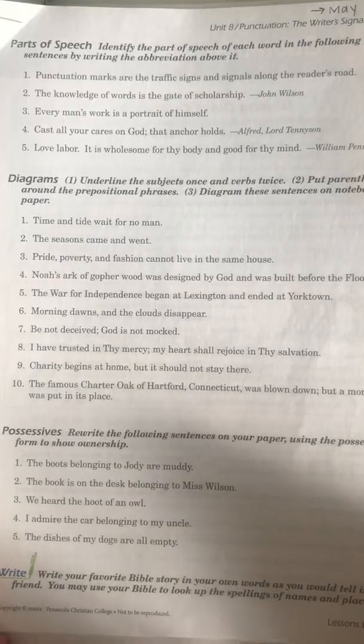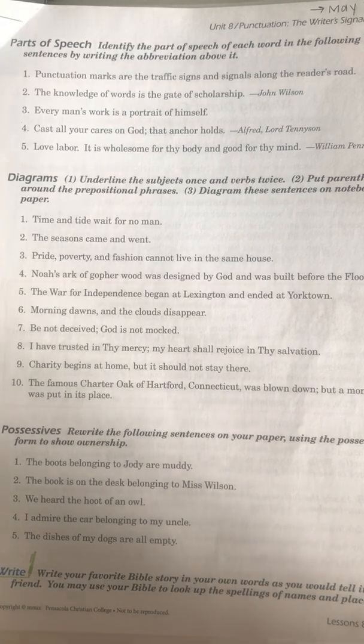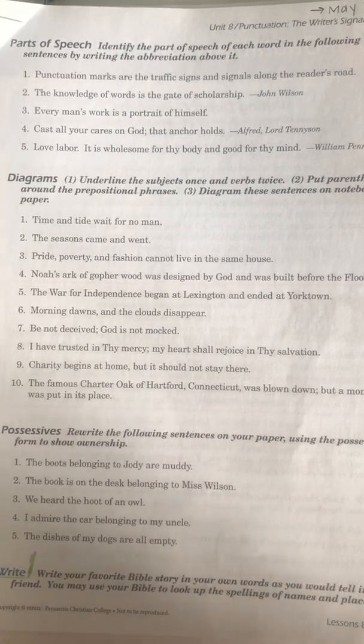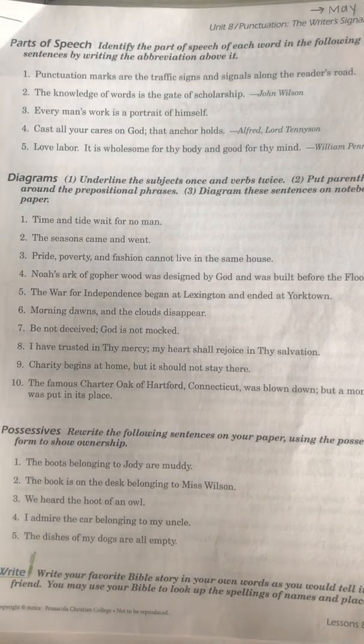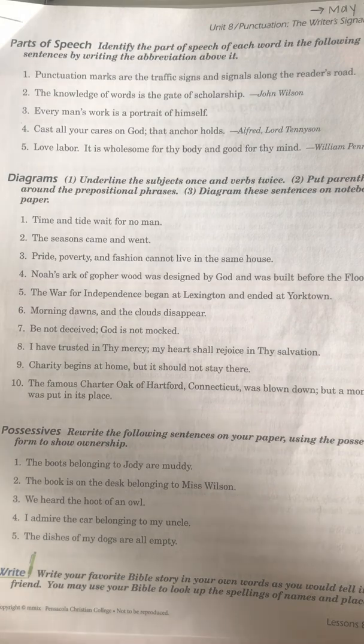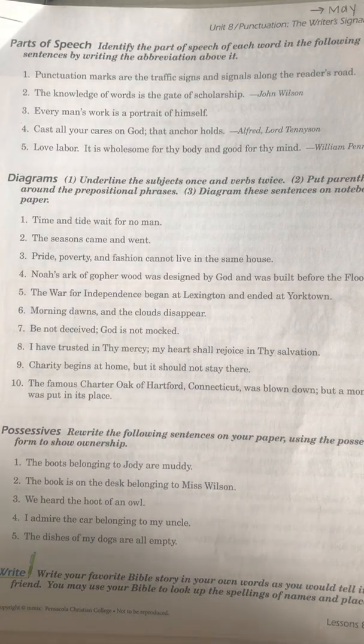And here for Language Arts for Monday, we are continuing on with some review on parts of speech. So this is just going over the same concepts that we've been learning about parts of speech and abbreviations. So what you're going to do at the beginning of 157 is it says to identify the part of speech of each word in the following sentences by writing the abbreviation above it.